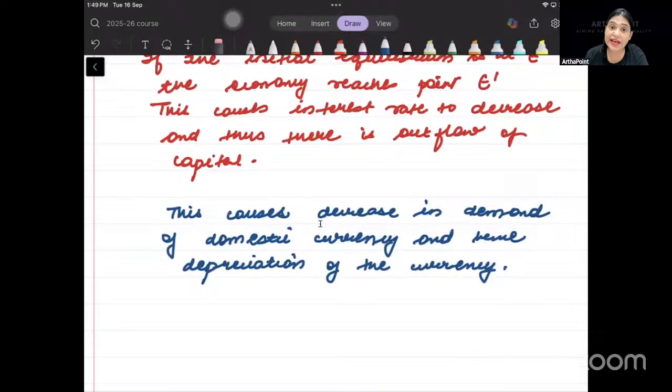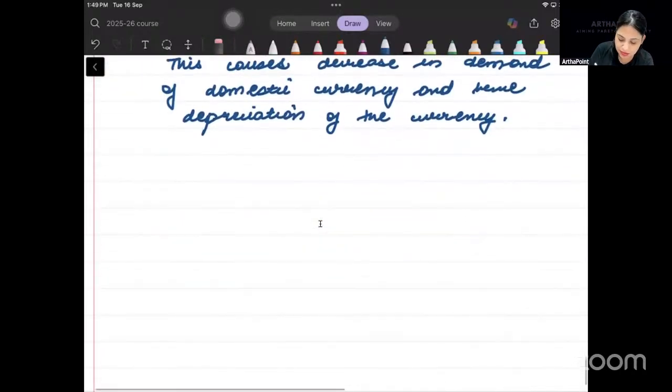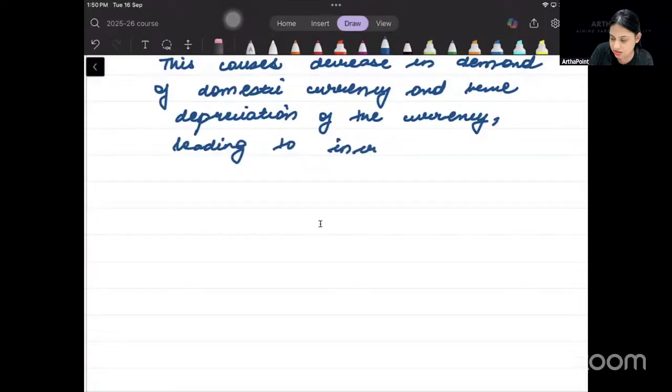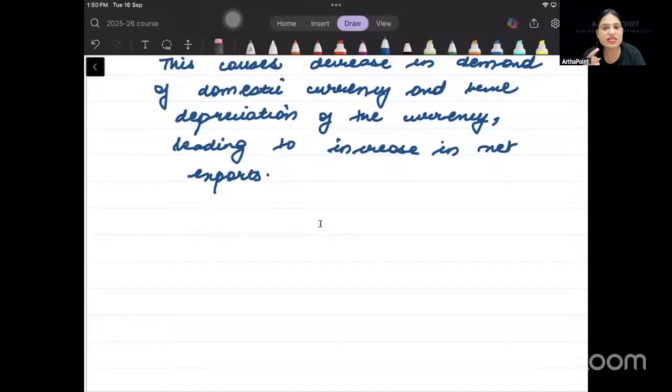Now, when the currency depreciates, what will happen? Leading to increase in net exports. When the currency starts depreciating, the net exports start increasing.